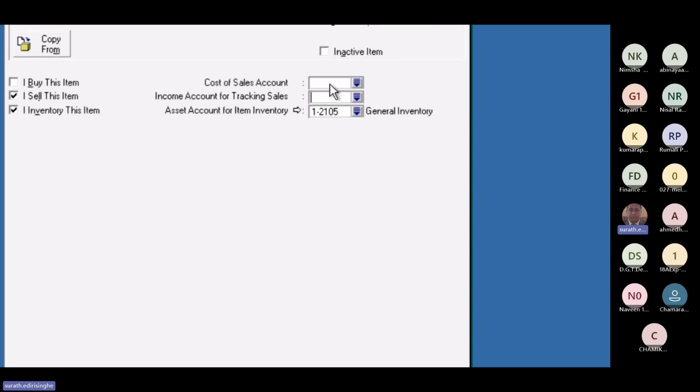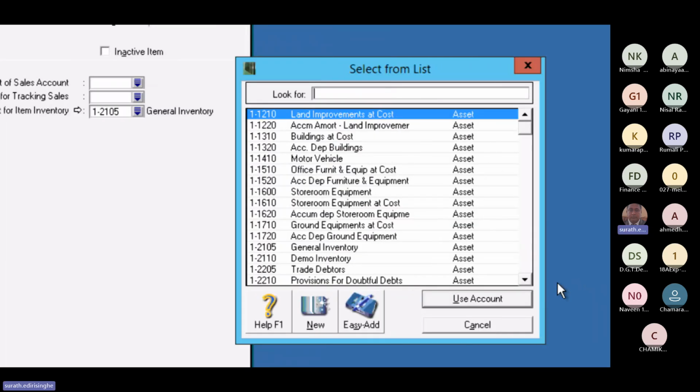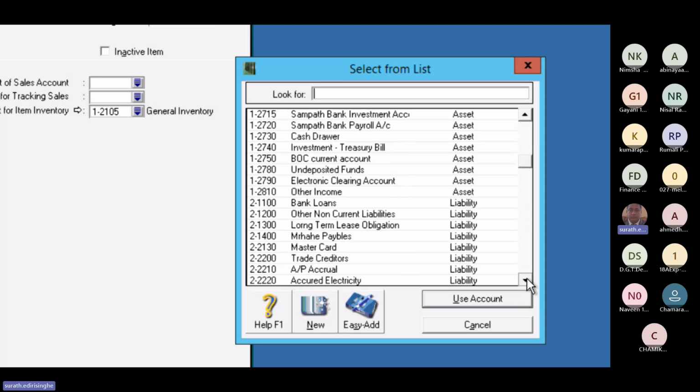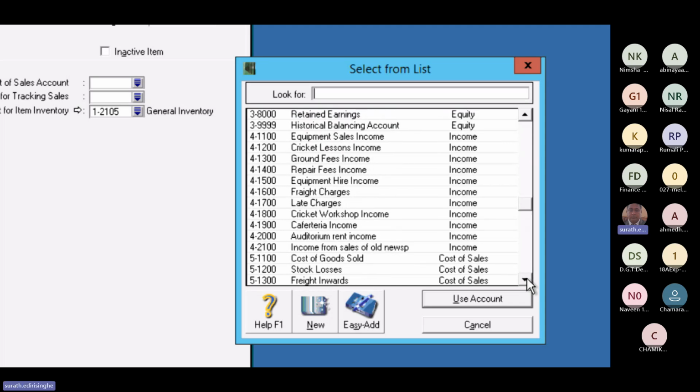So at that time, I select the asset disposal account. Go to your income section or other income section. Look here, income from sales of newspapers.